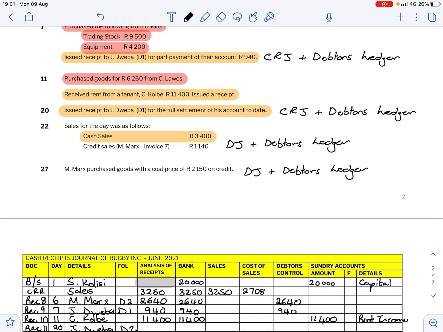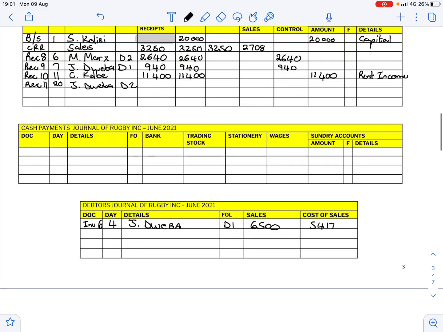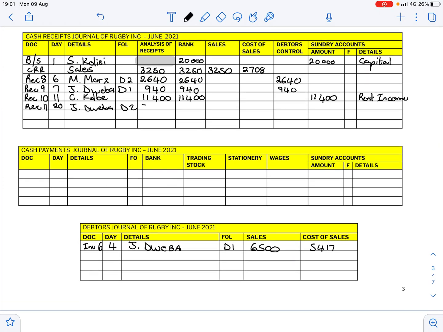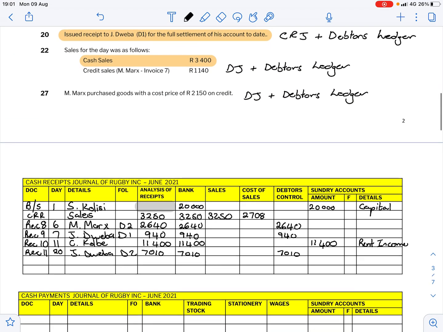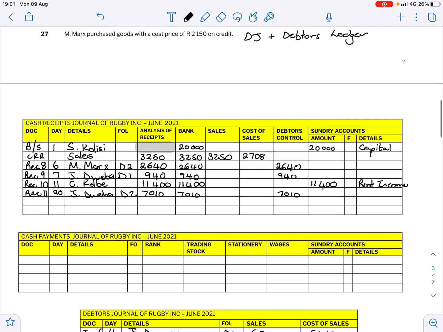Now we're back on the 20th, and he has paid his full account to date, which was 7,010 Rand, which we worked out now in his debtors ledger. We stick in 7,010 under bank, and when a debtor repays us, we use the debtors control column, 7,010 Rand there. Okay, our last transaction in the CRJ was on the 22nd. Our cash sales for the day are 3,400 Rand.